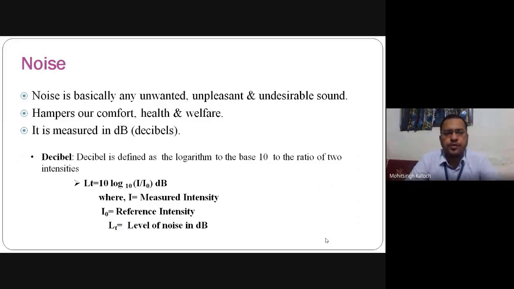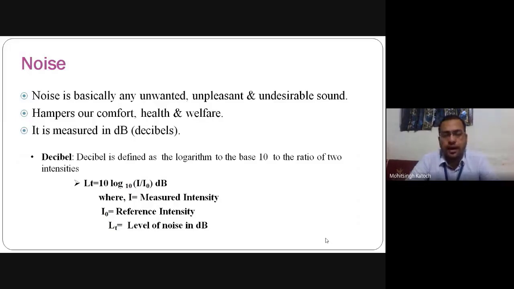The unit of noise pollution, decibel, is defined as the logarithm to the base 10 of the ratio of two intensities, I and I0. The formula for decibel is L_T equal to 10 log to the base 10 of I divided by I0 decibels.